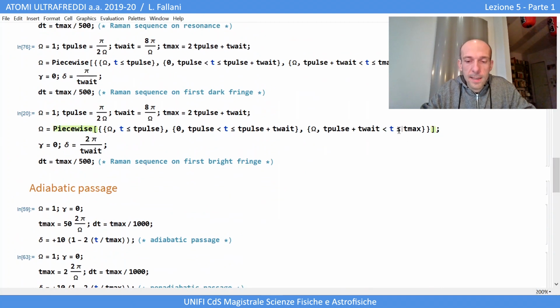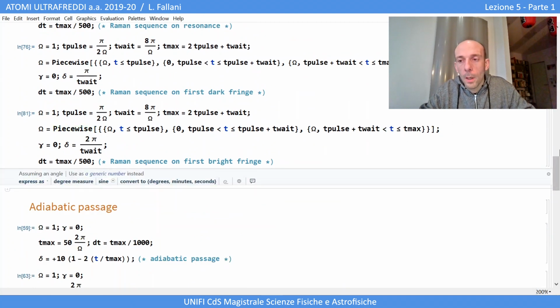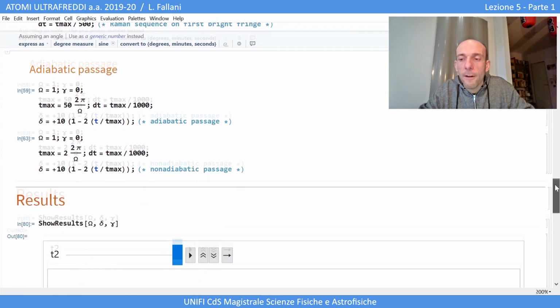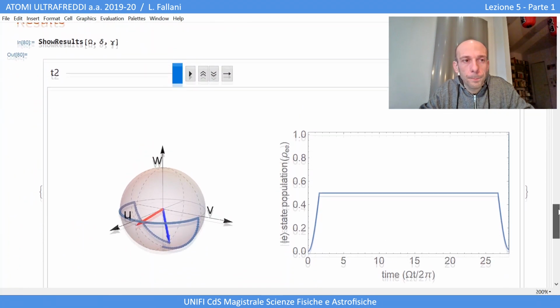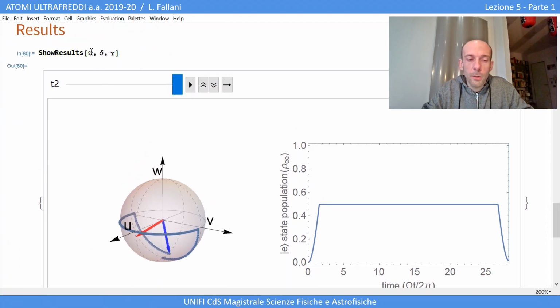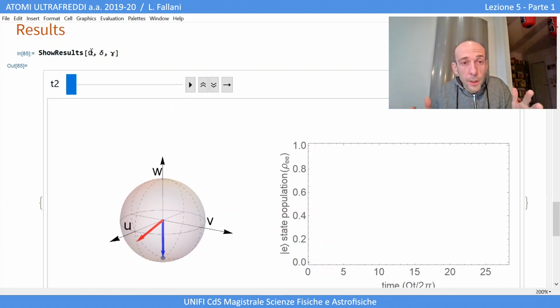Finally, the last case is what happens on the first revival of the Ramsey signal. So this happens at finite detuning when the difference in phase acquired during the dead time is equal to 2 pi. And so what happens here?